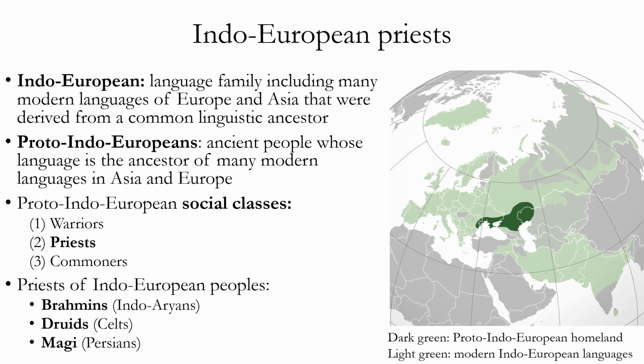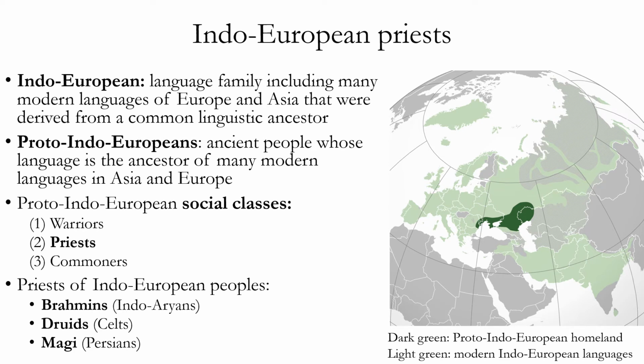Examples of Indo-European languages include Romance languages like Portuguese, Spanish, French, and Italian, Germanic languages such as English, German, Danish, Norwegian, and Swedish, Slavic languages such as Polish and Russian, and other languages as well, such as Greek and Armenian. And you can also see Indo-European languages in Asia, such as Farsi, the language of Iran, and many languages of modern India and Pakistan, such as Urdu and Hindi.